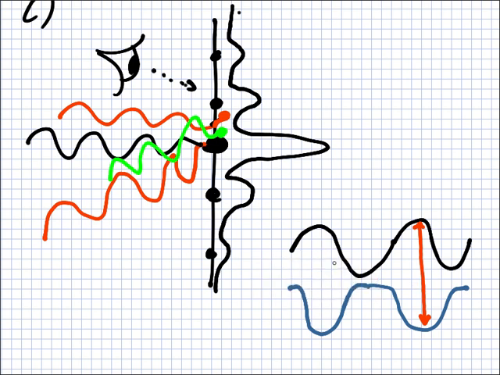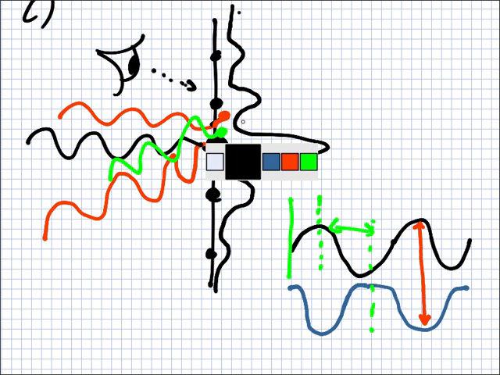There's a difference between the two crests. How big is that difference? That distance is half a wavelength. So when there is a dark spot, it's because the two waves have a path difference of half a wavelength. When there's a bright spot, the two waves meet with no path difference, and the crests combine.